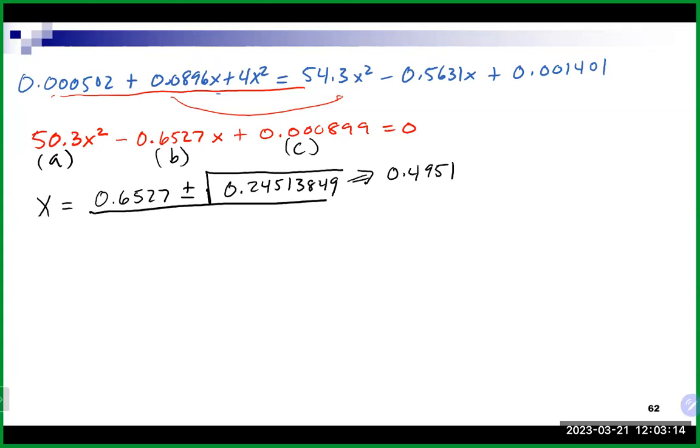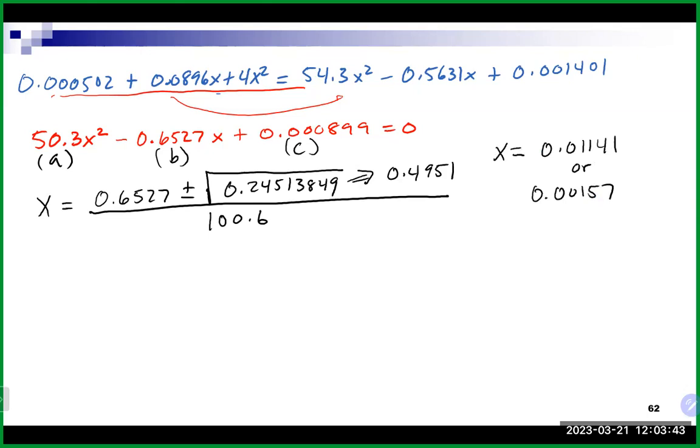That's all divided by 2 times 50.3, which is 100.6. This is going to give us our 2 x values, our positive way, and then subtracting. That gives an x value of 0.01141, or doing the subtraction way, 0.00157.